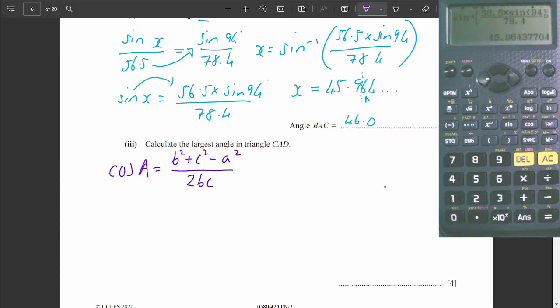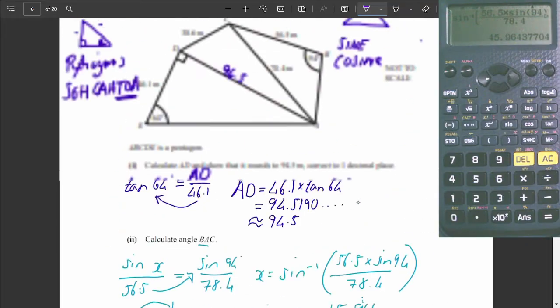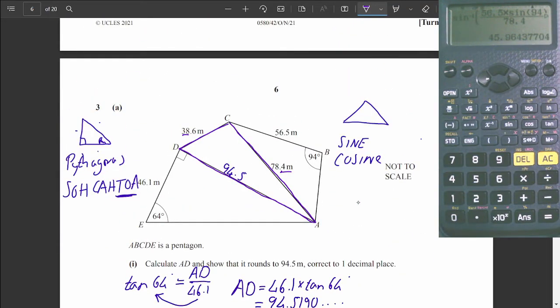What I'm going to do next is relabel my triangle. First of all, I'm going to make capital A the angle I want to know. Looking at this, I know it's not to scale, but it still seems pretty clear that the biggest angle is this one up here. So that's the one I'm going to know.